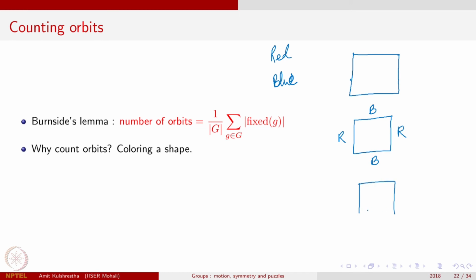There is a possibility where I have this blue, this red and this red. A priori these two look like two different possibilities, but not quite.